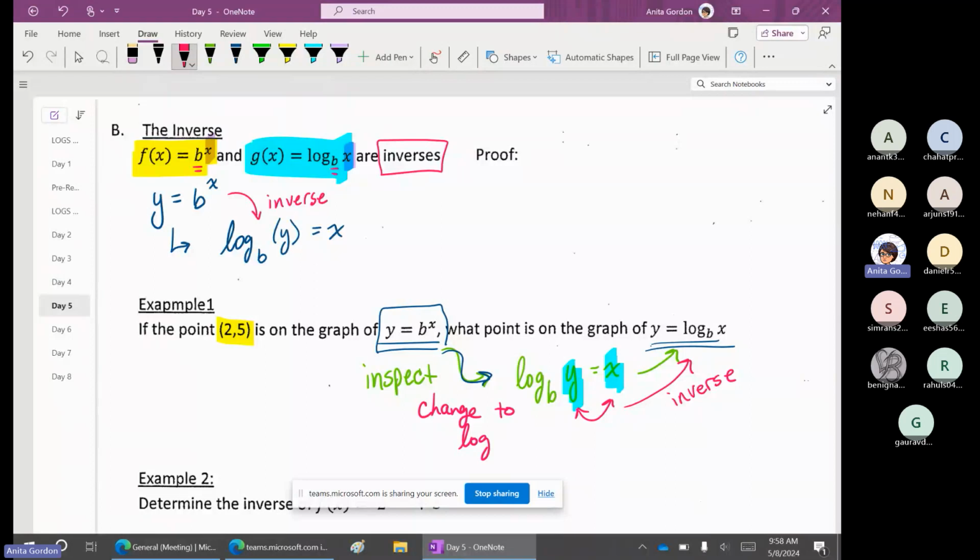Okay, because I'm swapping x and y, I know that these two functions are inverses. Then what point is on this graph here? Well, I just changed the positions of the numbers. This point is now going to be (5, 2) on the inverse graph. Okay, so when I take an inverse of a function, I am swapping the positions of x and y.